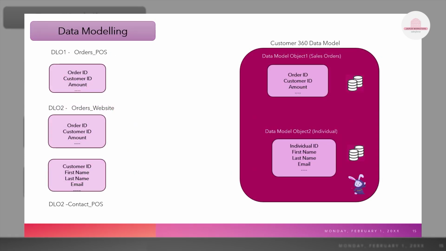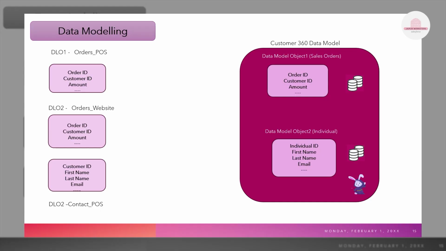On the left hand side, you can see there are various data lake objects which has the ingested data, right? So DLO1 contains orders data from store, DLO2 contains orders data from website, DLO3 contains contact information from the store. Similarly, there will be many other data lake objects which contains other records of Jaren, right?